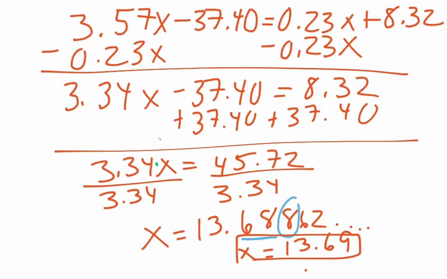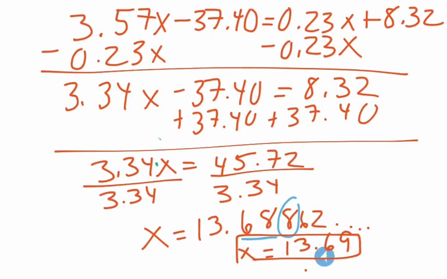So 13.69. If you were to check this answer by plugging it back into the equation, you would get numbers that were really close, but not exactly the same. That's because of the rounding error. When we do rounding, we're kicking out part of that number.